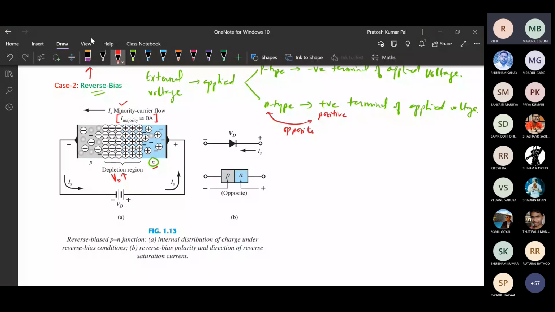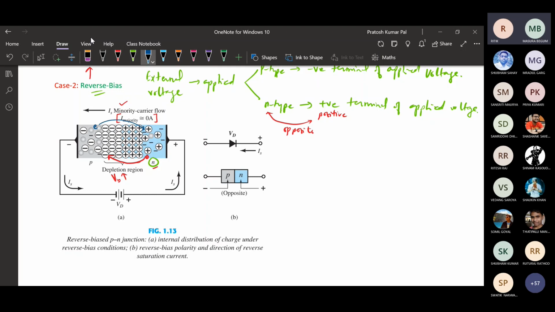So the minority charge carriers are constituting the current. The minority charge will be flowing from here to here, meaning the holes that are minority in n will be moving this way, and the electrons that are minority in p will be moving this way.